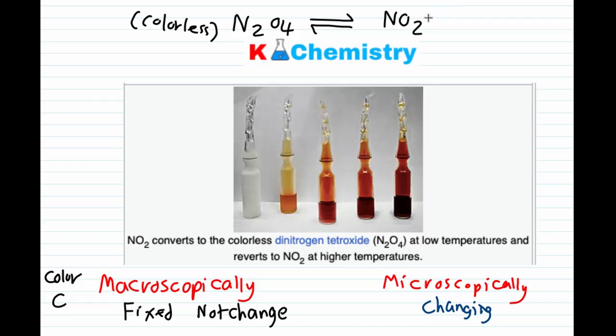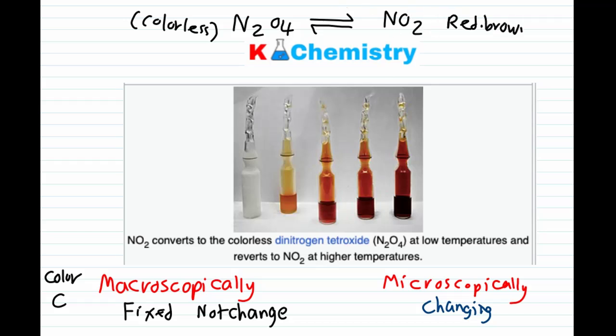At the beginning of the experiment, I see it is colorless. There was no NO2. After a while, the NO2 color begins to show as a reddish brown color.